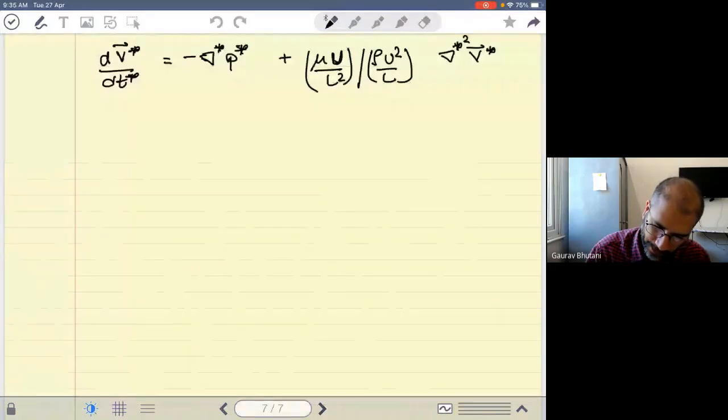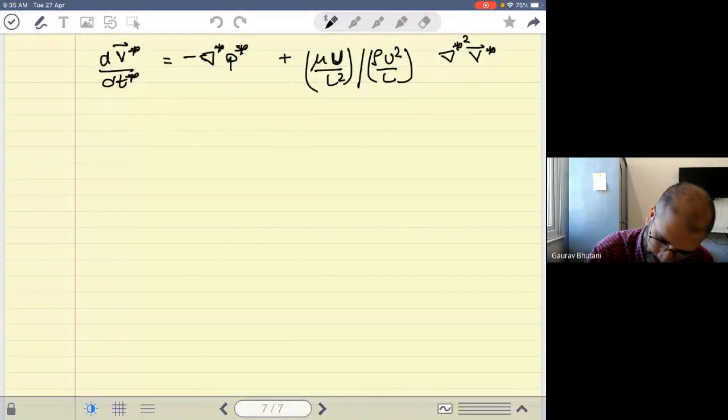Right. So let's simplify the viscous term further. This is mu u by L squared. One of the L's will cancel out, and one of the u's will cancel out.